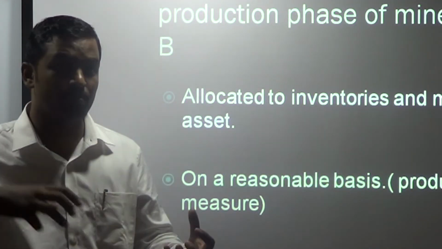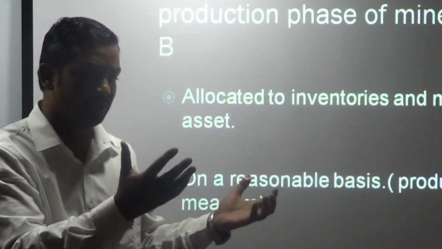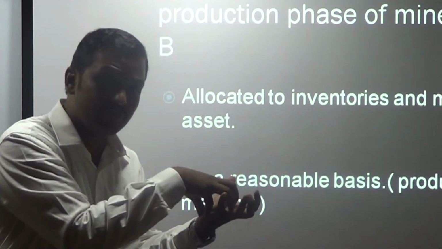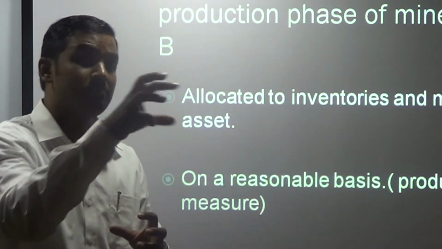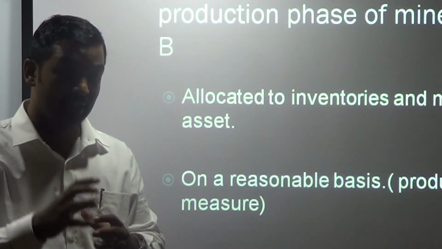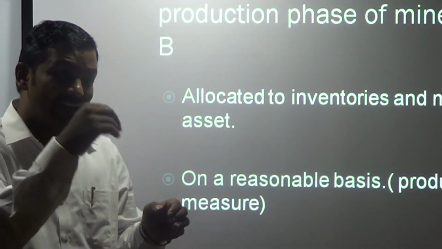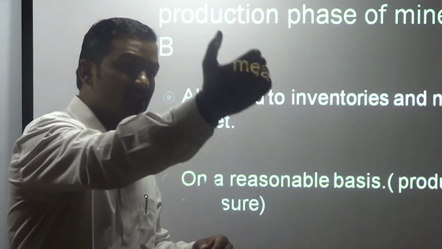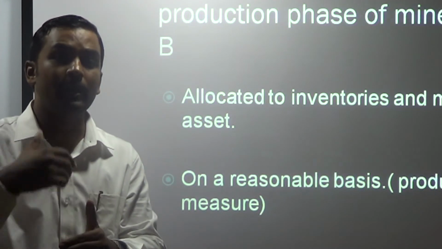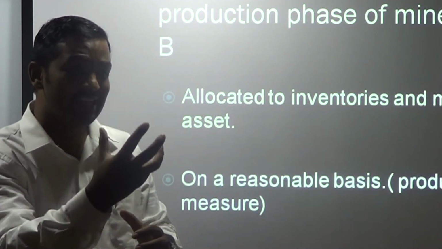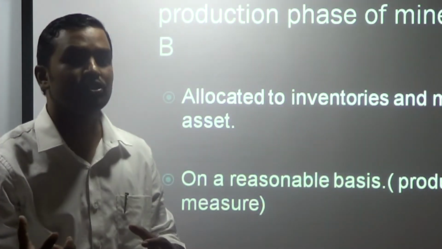Based on a production measure, based on technical evaluation, you have to share the cost between inventoriable cost, that means the cost which will be incurred in cost of coal extracted during the stripping phase, and the cost which is incurred to get improved access to the new deposits of coal. Out of the total cost, the cost which is allocated to getting new access or improved access to new deposits of coal should be capitalized, and it should be depreciated using the total amount of coal which is there in the new deposit, using production of units method.